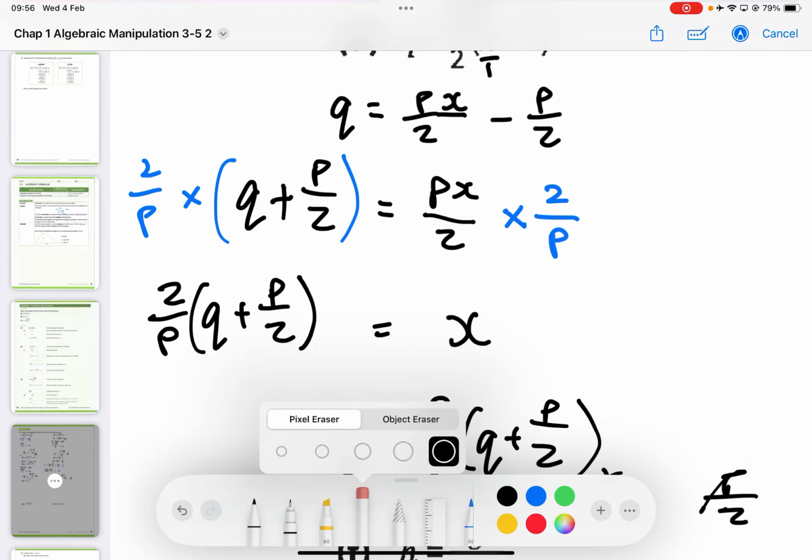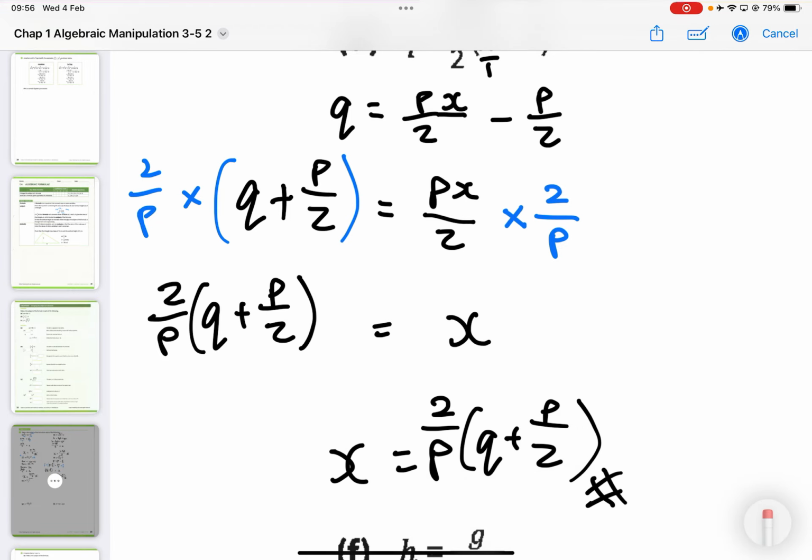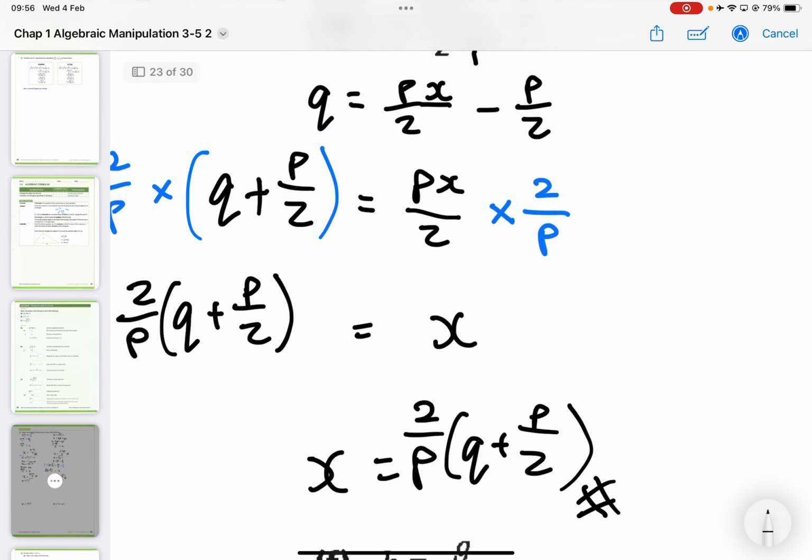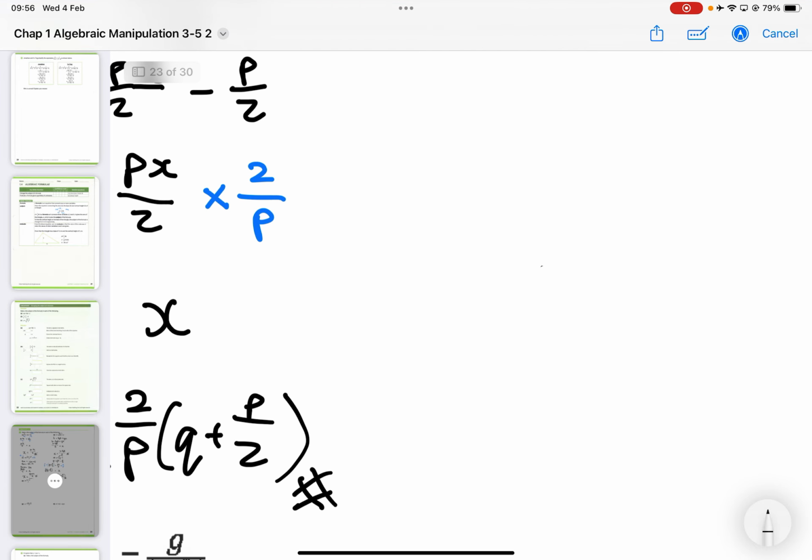I don't understand. Why do I times 2 over p? I divide by p over 2 is also to cancel away the p over 2. But instead of doing it by dividing, I multiply 2 over p.